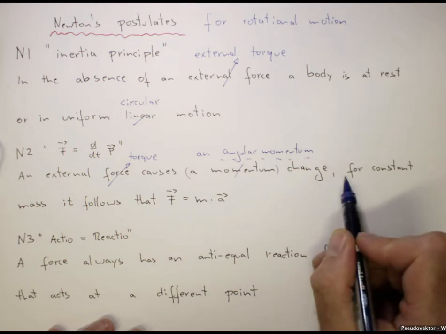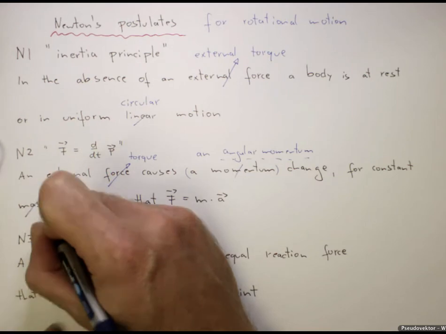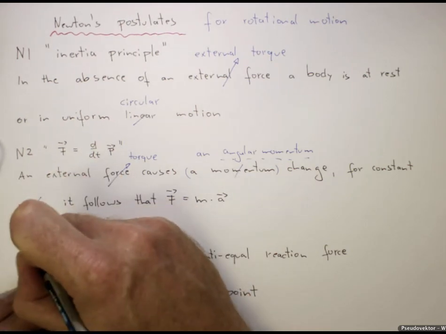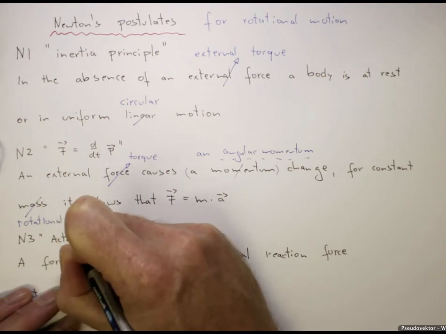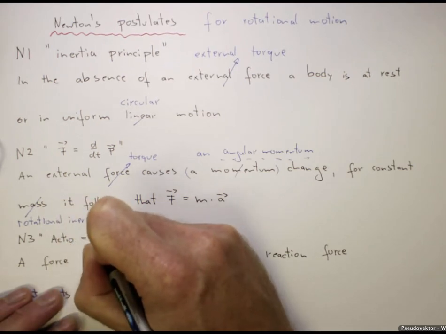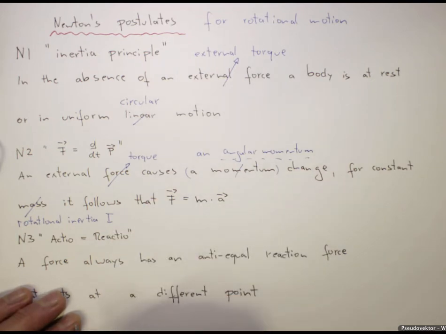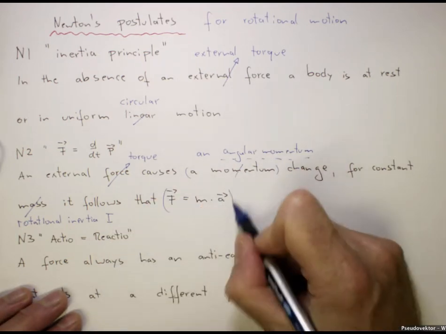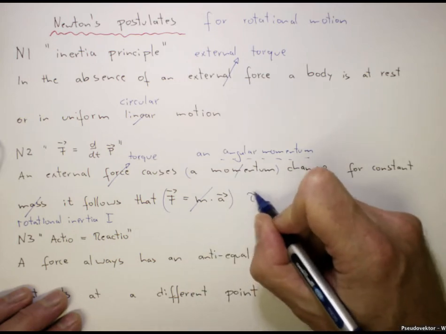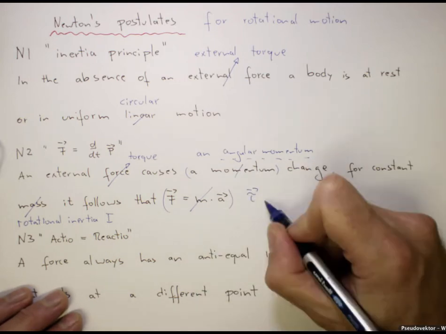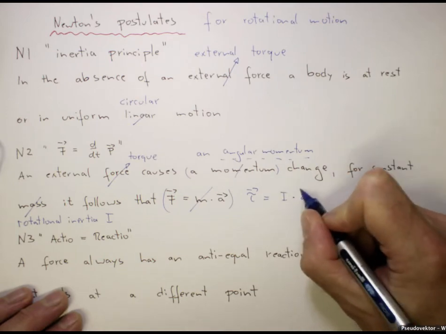But we can continue and say for constant mass, here we can replace mass with constant rotational moment of inertia, which we have introduced as I, it follows that not F is equal to m times a, but that torque, which we just talked about, is equal to moment of inertia times angular acceleration.